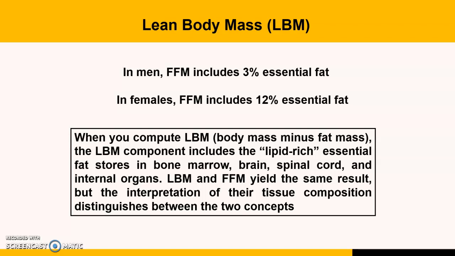Tetapi when you compute the lean body mass, which is the body mass minus the fat mass, the lean body mass component includes the lipid-rich essential fat stored in bone marrow, dekat brain, spinal cord, and also internal organs. So the lean body mass and fat-free mass will yield the same result. Tetapi dari segi interpretation of their tissue composition, dua konsep ni berbeza.